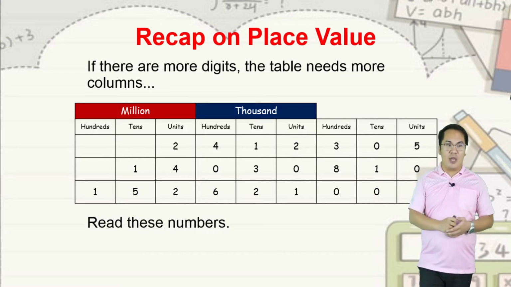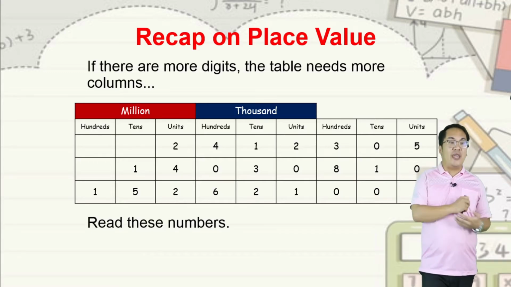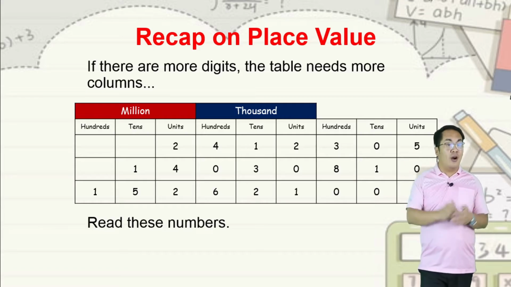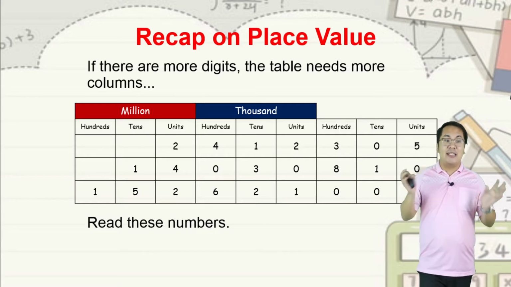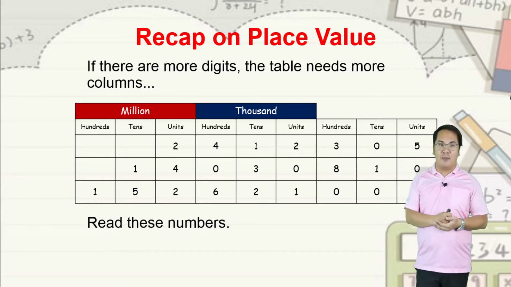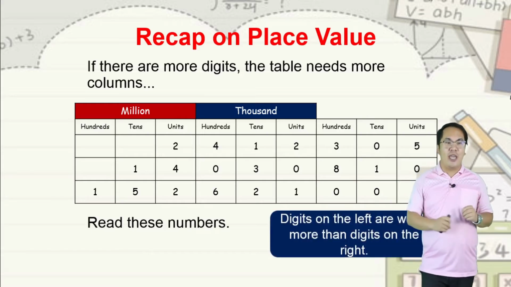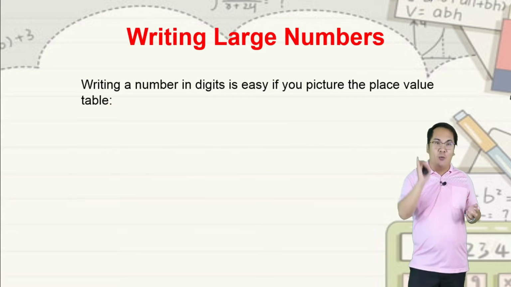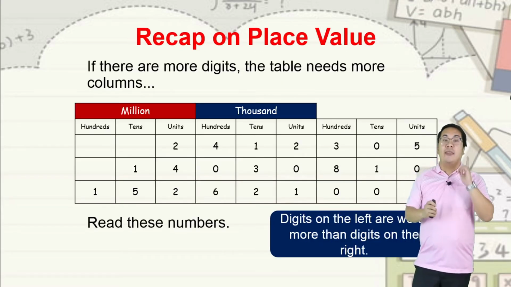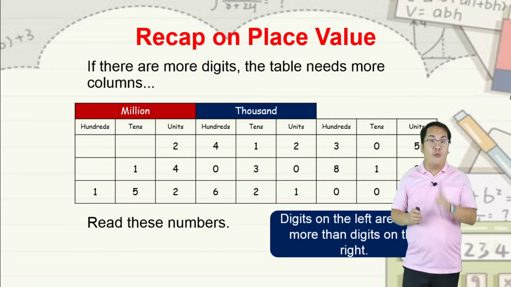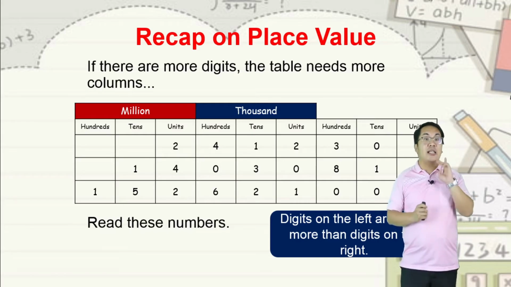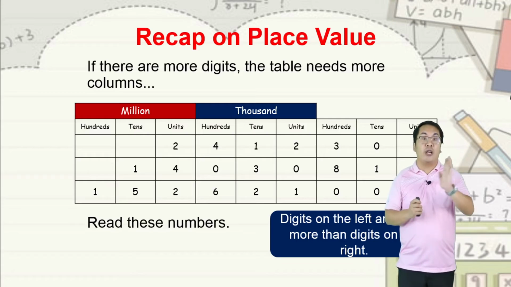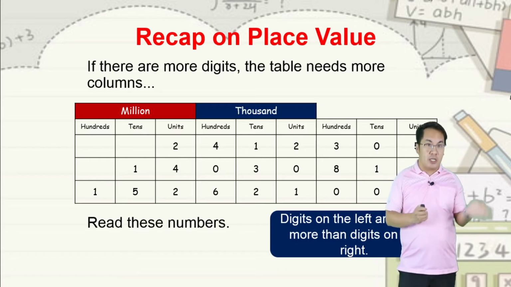The last one, we have the hundred millions. We can read this as 152,621,000. Even though we have zeros in the ones, tens, and hundreds place, we can assure that there's a place for every zero. Just make sure your zero is not in the last position or in your millions position.